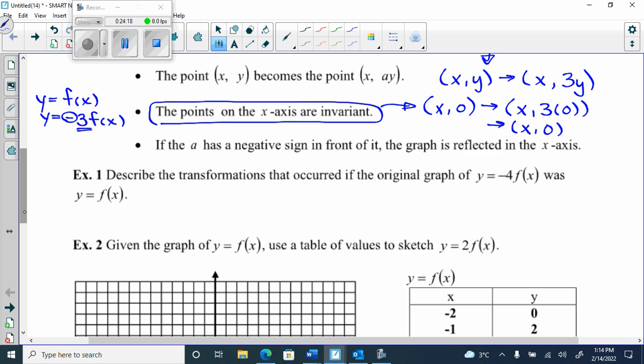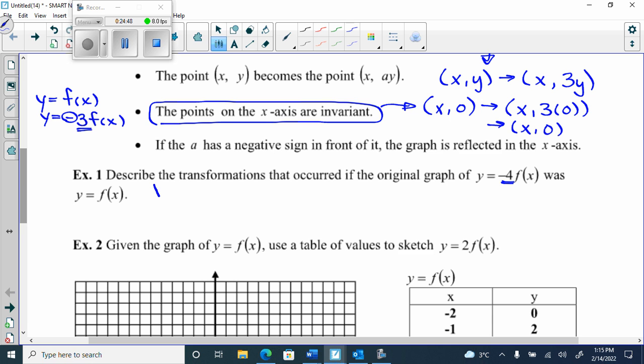So let's describe the transformations that occurred here from the graph of y equals f of x to y equals negative 4 f of x. So what part of that is a vertical stretch? The 4 or the negative? The 4. We have to start with stretches first, then reflections, then translations. So the 4, is it with the x? No, so it affects the y's, which means it's always about the x-axis. They're always about the opposite axis.